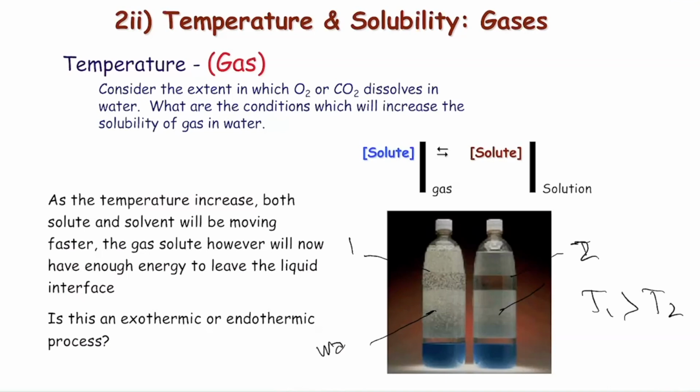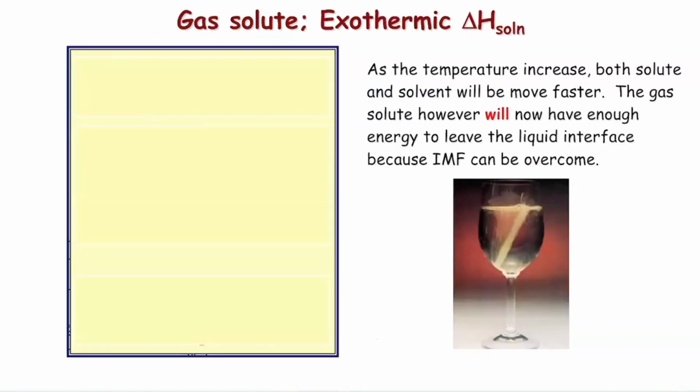The gas is actually coming out of solution. The other way, of course, is by changing the pressure, and we'll talk about that later on. So let's take a look at this right here. The solubility of a gas, exothermic.